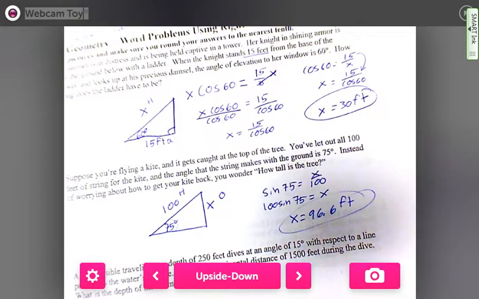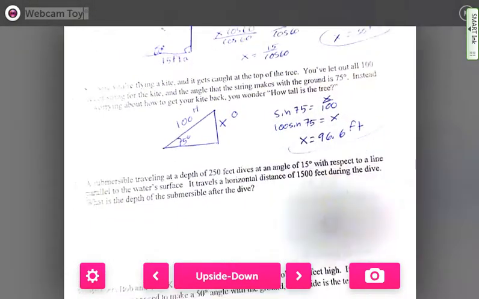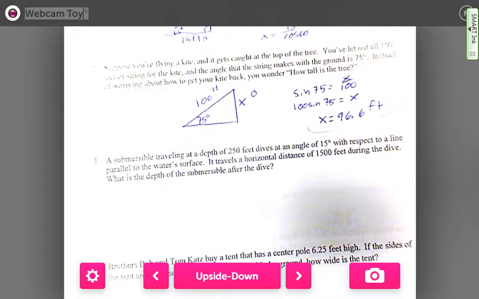All right. Let's go to number 3. This time I want you to try to do the whole thing on your own. A submarine traveling at a depth of 200 feet dives at an angle of 15 degrees with respect to the line parallel to the water surface.